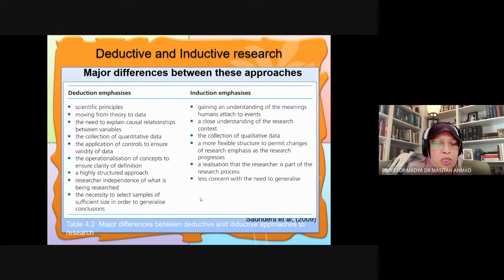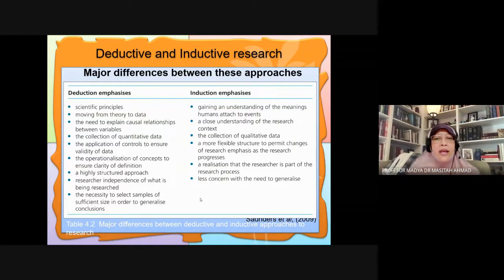Application of controls to ensure the validity of the data is part of the deduction emphasis, and the operationalization of concepts to ensure clarity of definition is a highly structured approach, with the researcher independent of what is being researched, and the necessity to select samples of sufficient size in order to generalize conclusions.